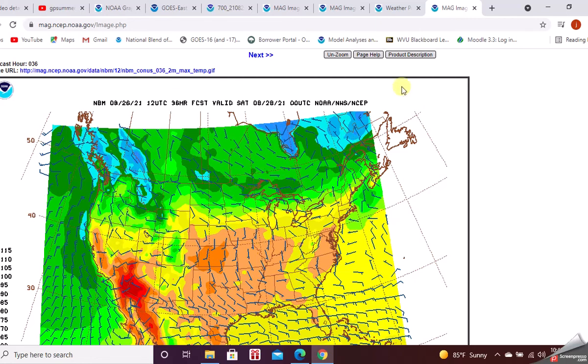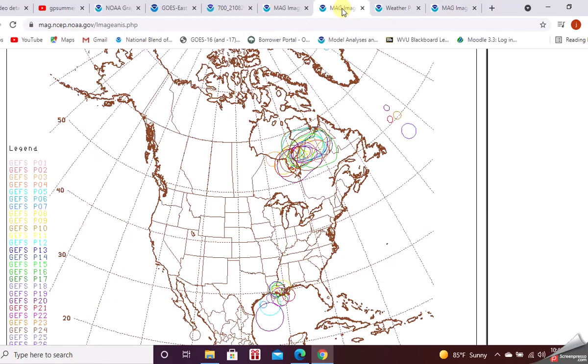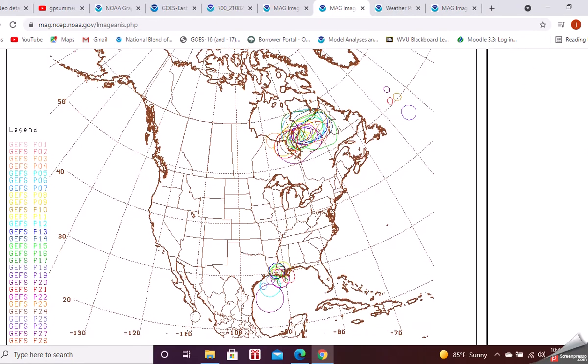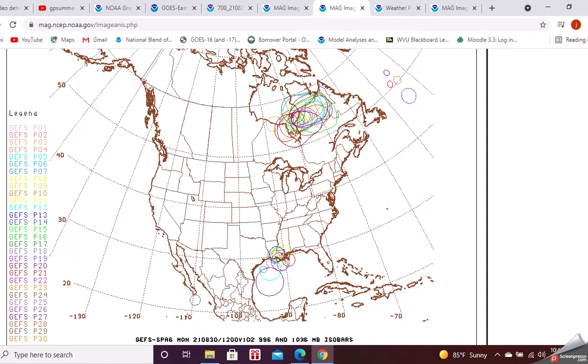One of the things I did want to show you with all this, we have the potential in the Gulf of Mexico and the Caribbean for a hurricane to develop. This is 30 different runs, slightly different physics, slightly different observational data in it, giving it a spread over these 30 runs.